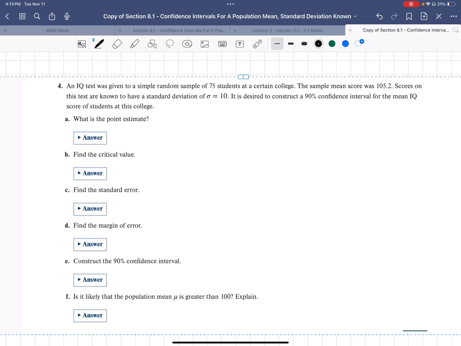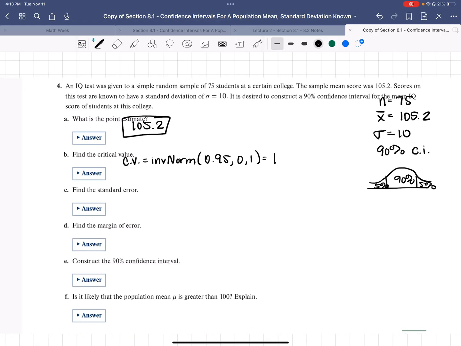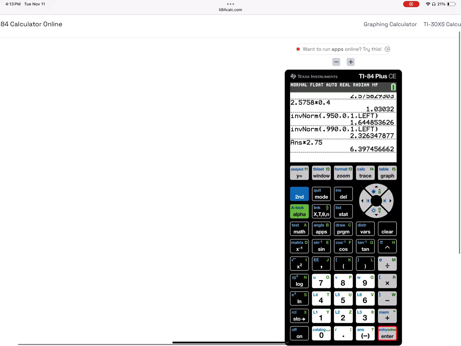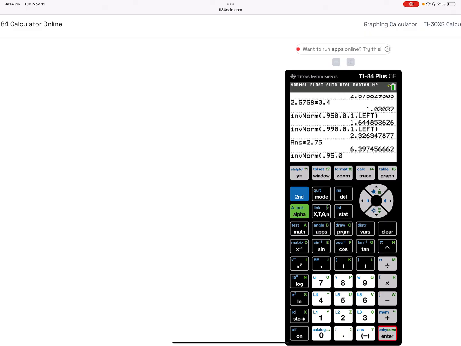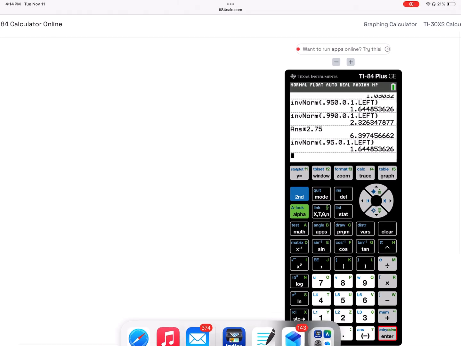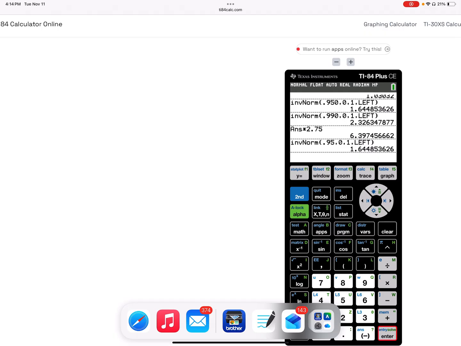That should give me 1.6449. So I go over here and make sure. I am putting in inverse norm, and I've got 0.95. Everybody else stays the same. And I do get 1.6449.